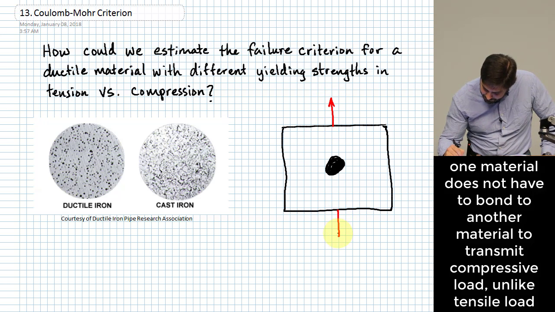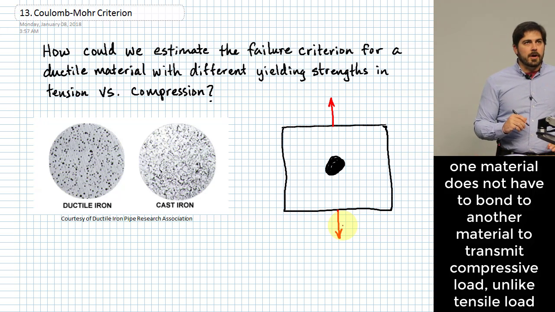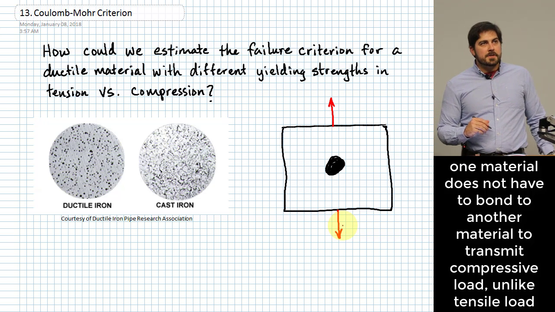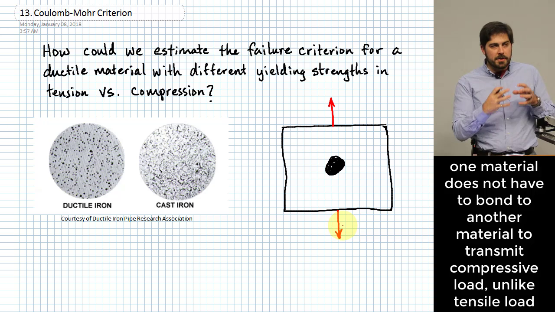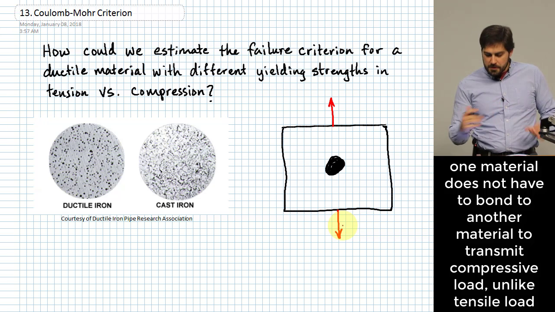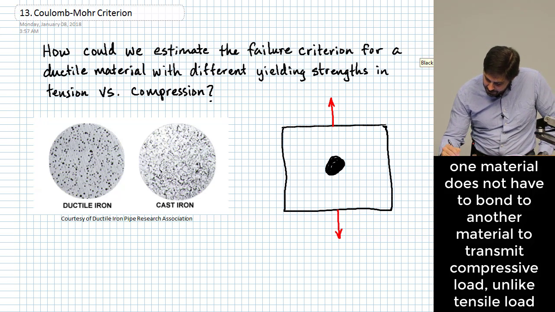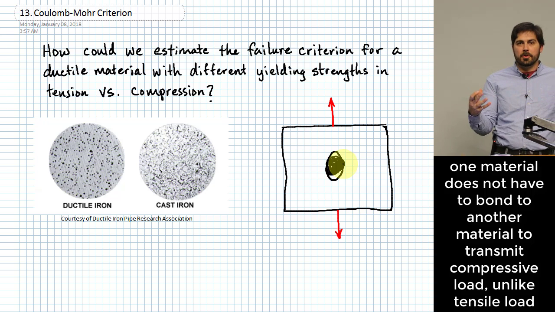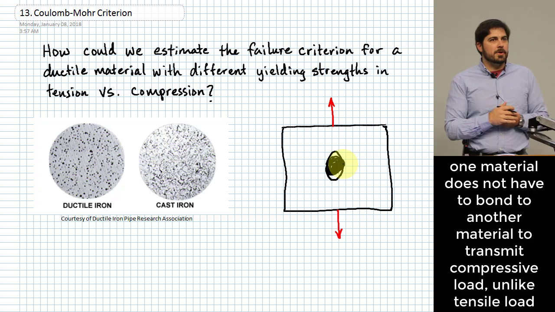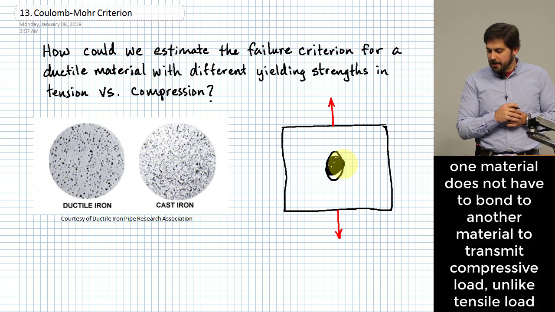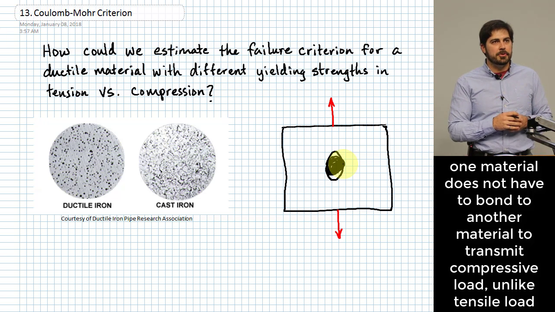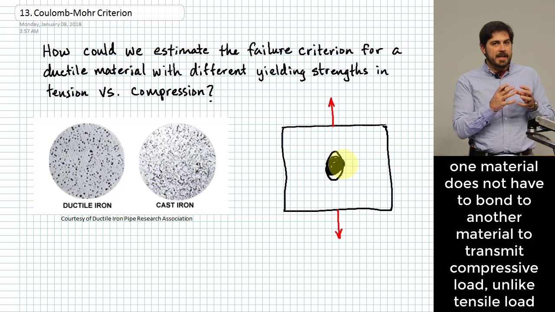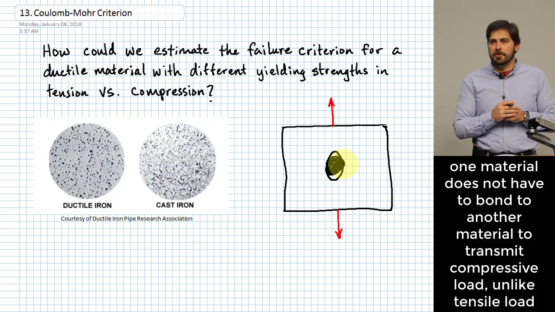If you load it in tension, there is no connection really between the graphite and the iron, so one of the things that can happen is the iron can pull away from the graphite. It won't really connect, so it can pull away, and it won't really hold any load. The graphite won't really add anything to how much load is being held in that little volume of material.